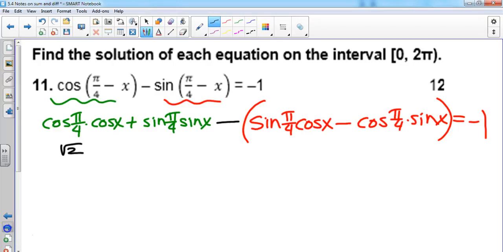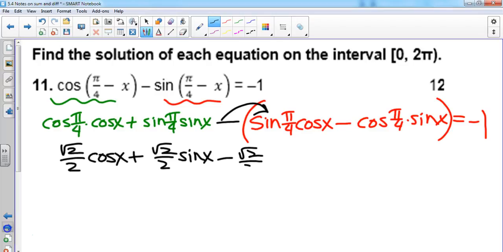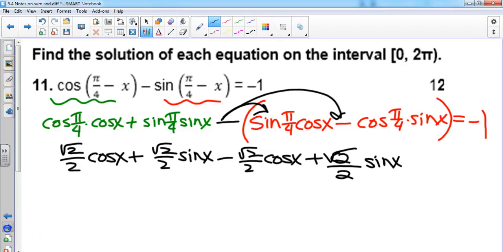We're going to go square root of 2 over 2. That's what all these are, right, guys? Sine and cosine. I'm going to distribute my negative here. This one, when I distribute, becomes plus. Something's got to go away. We have a positive cosine, there's a negative cosine, so we just cancel.